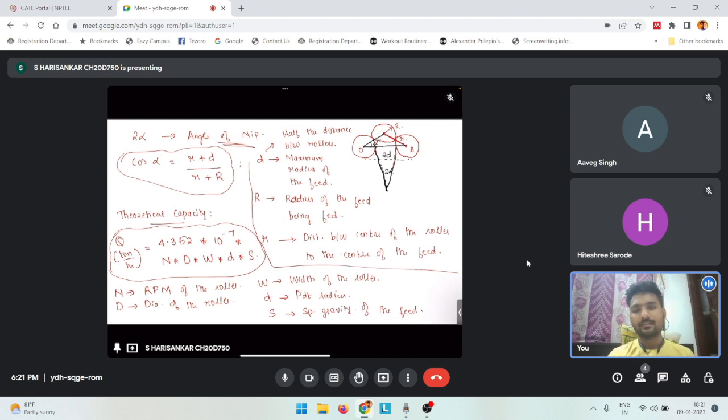So this is just another extra relation that you can use for theoretical capacity of roll crusher, right?